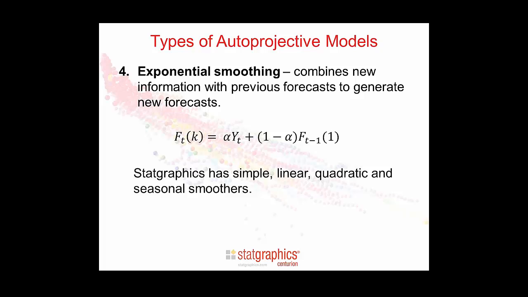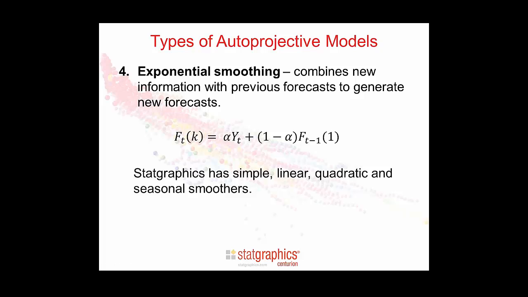For example, in a simple exponential smoother, you might forecast k periods ahead by taking a weighted average using some smoothing parameter alpha, where alpha is between 0 and 1.